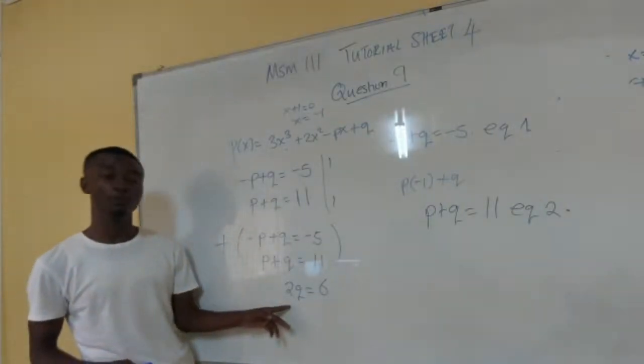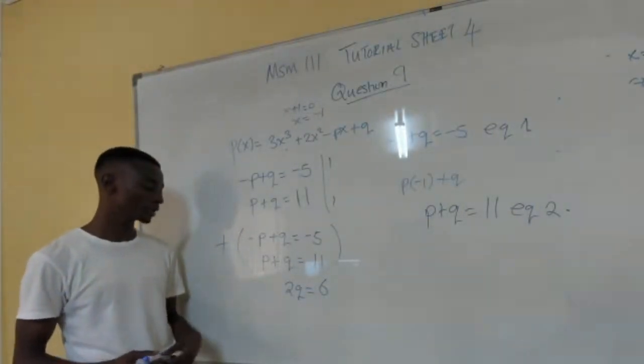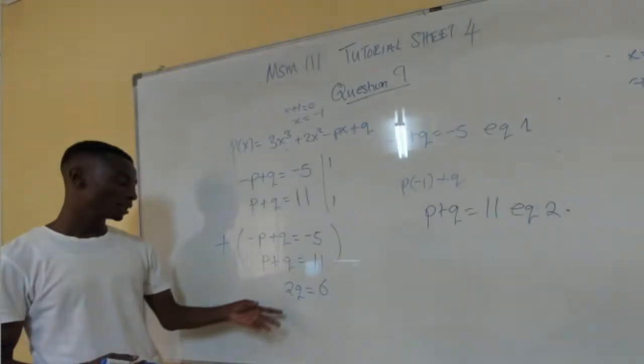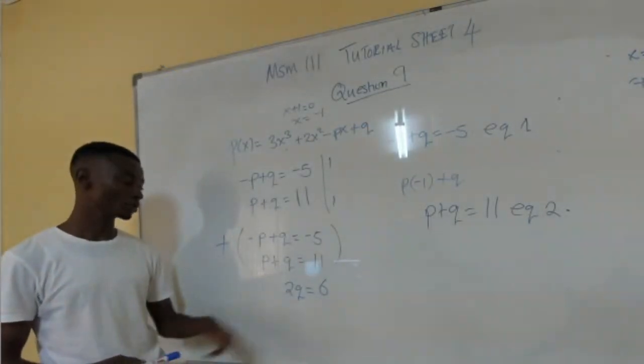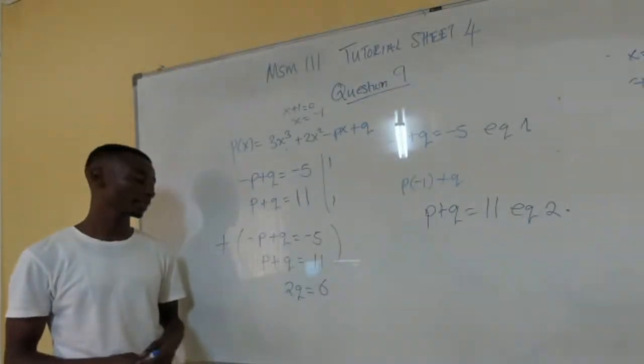But we want to solve for Q. How are we going to do that? We're going to divide both sides by 2, because we want to make Q the subject of the formula.